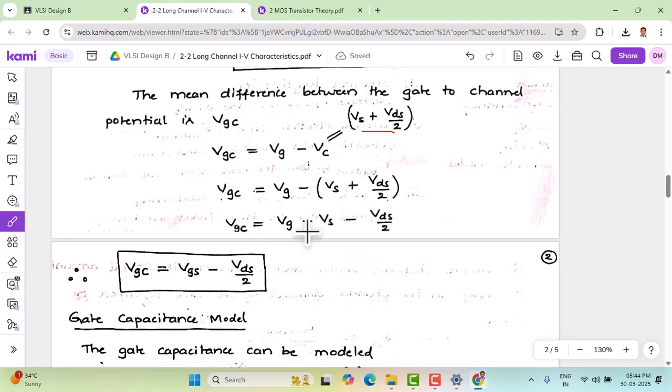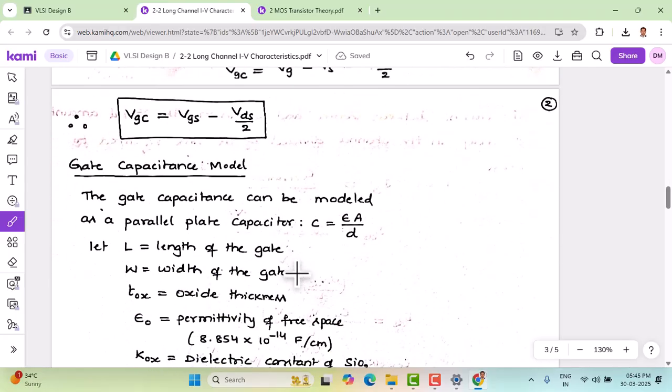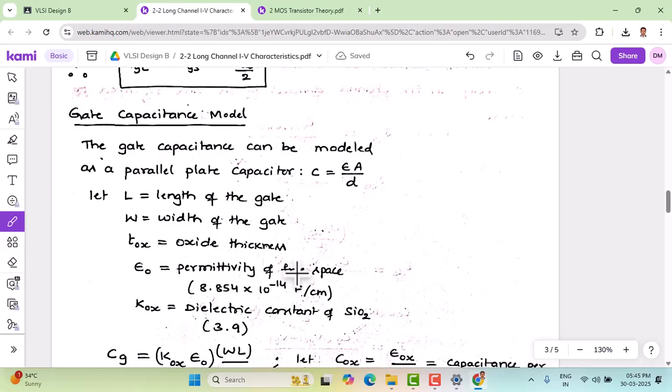Vg minus Vs can be written as Vgs. So VGC equals Vgs minus Vds by 2. This is the equation from gate to channel. The voltage potential between the gate and channel is given by the gate to source voltage minus the drain to source voltage by 2.